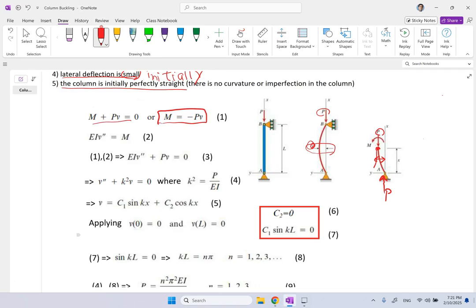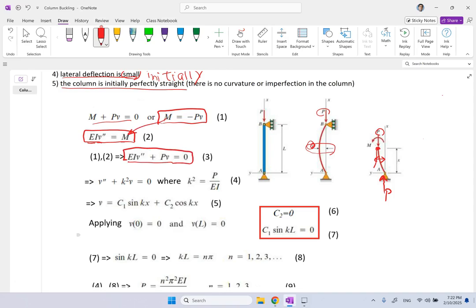That's your bending moment. Now, if you remember from bending of the beams, if initially nu is small, I can show that EI nu double prime is equal to M. If you remember, this was the equation for deflection of the beams that we double integrated to get V, correct? If we had the bending moment. So now that bending moment is going to be plugged into here, and you get this second order linear differential equation.